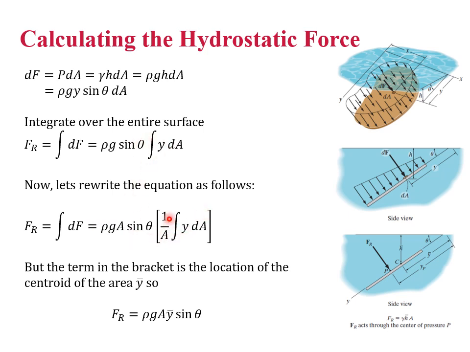We haven't changed anything. And this part inside the brackets, that's the centroid of this area. So we'll represent this by y bar. So our total force is simply rho g A y bar sine theta, where y bar is the distance to the centroid.